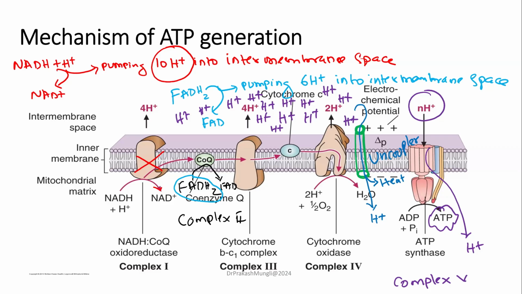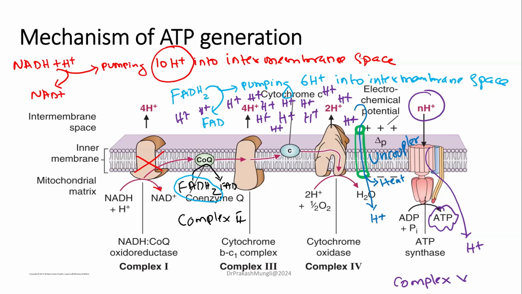Here also, if complex 1 is blocked, we have complex 2, where FADH2 can get in and be oxidized. The only thing is, it can pump only 6 protons. That means it will take more time to build electrochemical potential. That means the amount of ATP you get at any given point in time is slightly reduced, but not stopped.